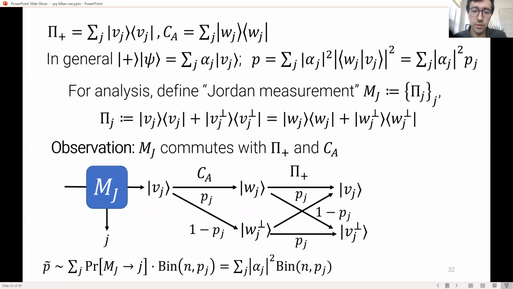So the distribution of this thing is a weighted sum of binomials weighted by the coefficients and with parameters that are the corresponding eigenvalues. And if you take the expectation of this expression, you get the sum of alpha j squared pj, which is p. Okay, any questions about this, how this works?